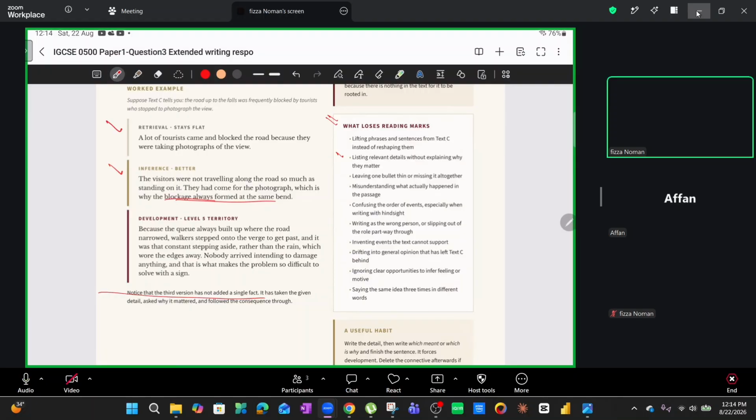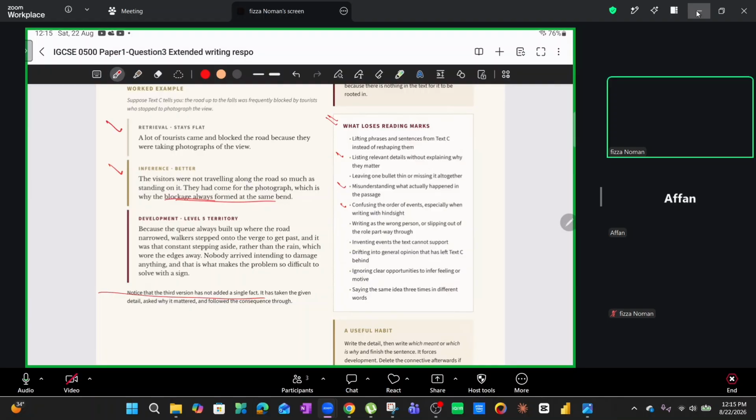All right? Misunderstanding would actually happen in the passage, obviously not being able to read properly, confusing the order of events, especially when writing with hindsight. So you have to make sure that while reading, the organization of the events is not muddled in your mind.